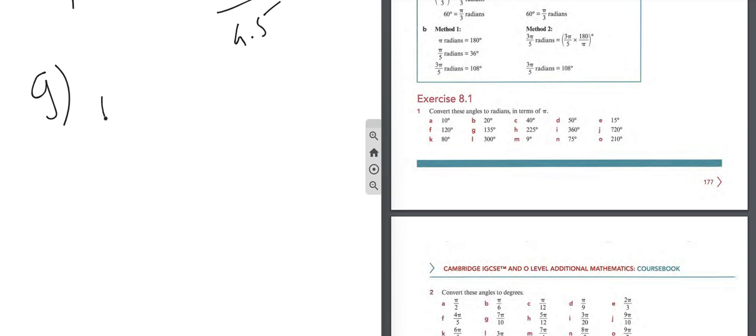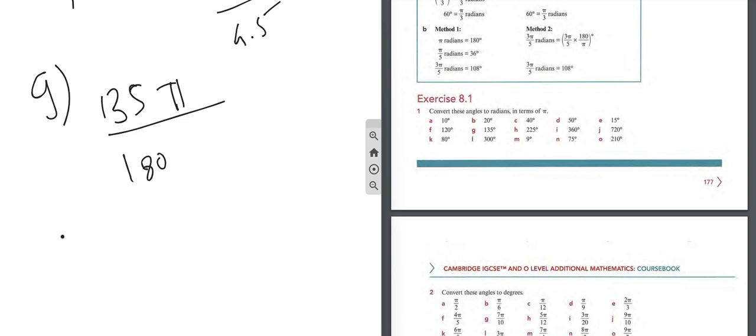G part, maybe we should check it out. 35 pi by 180. One more thing is, this question might come as a non-calculator one, so I am not going to use a calculator. I will try my best not to use the calculator in this exercise, but if I have to, then we will see. 135 pi by 180 is there, right?